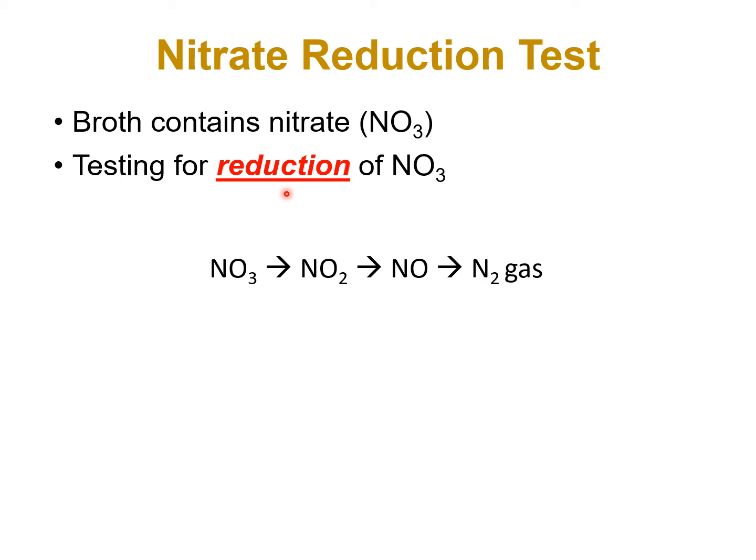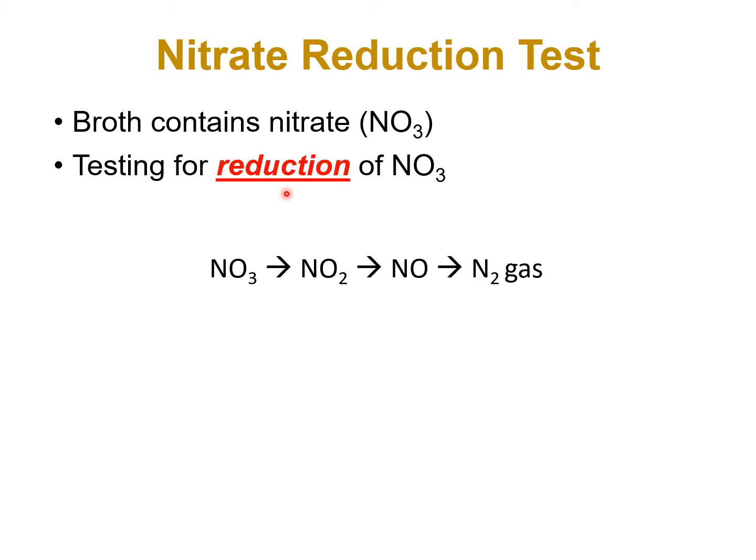So what does that mean? Nitrate being the final electron acceptor means that the nitrate in their media or in their environment can accept all of these electrons during the electron transport chain.